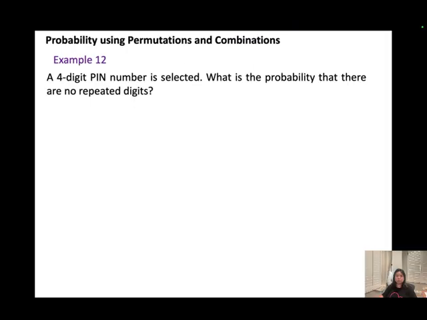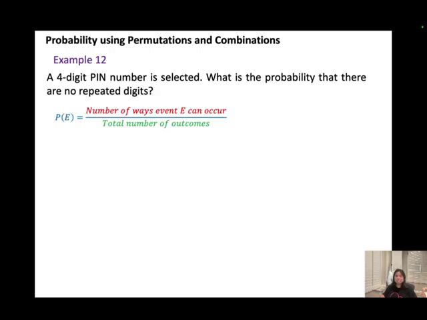Probability using permutations and combinations. Look at this example. A 4-digit PIN number is selected. What is the probability that there are no repeated digits? For this example, we are looking for the probability. From the previous examples, we were usually looking for the total outcomes or the favorable outcomes. For probability, remember the formula?